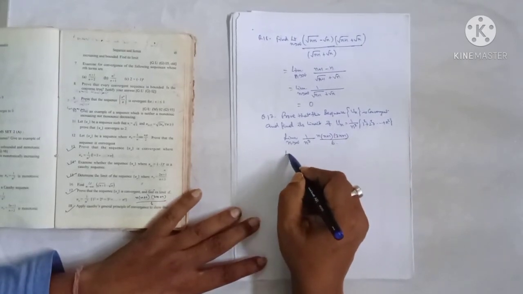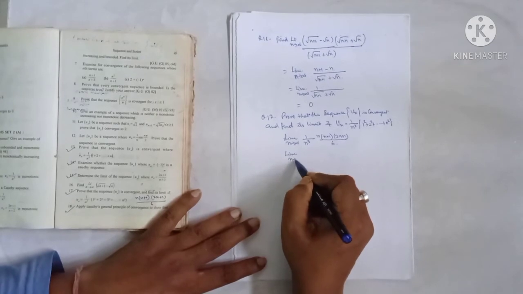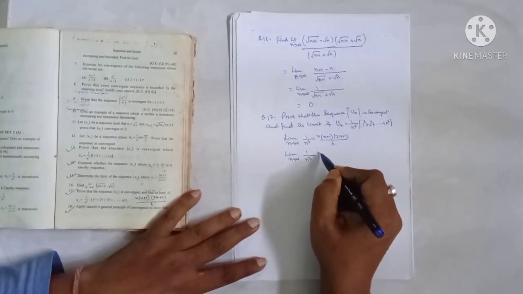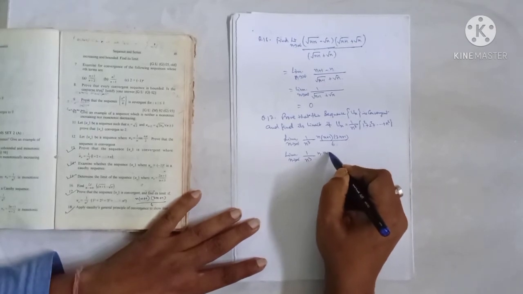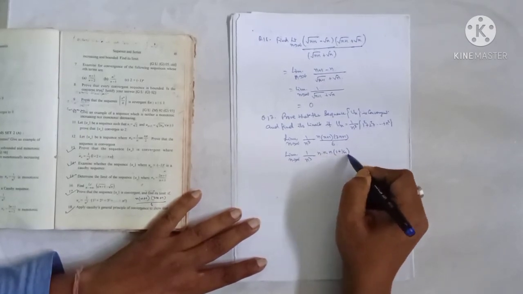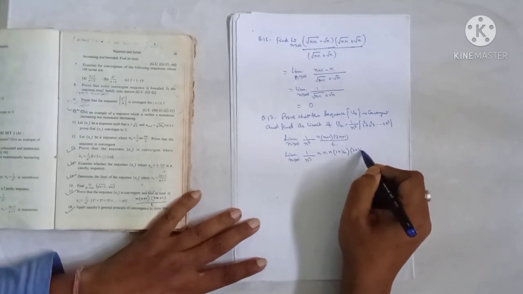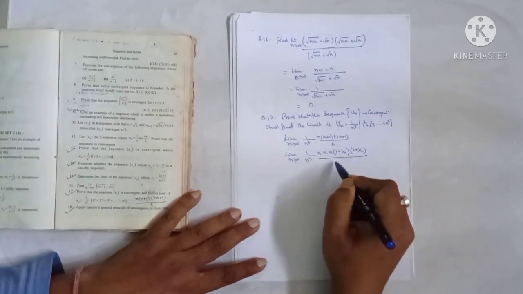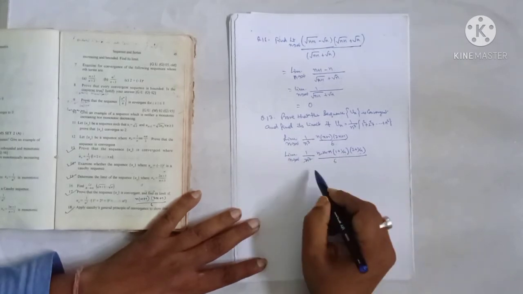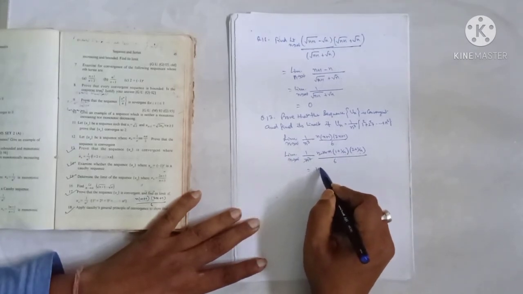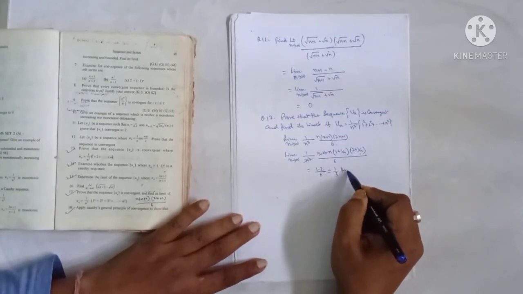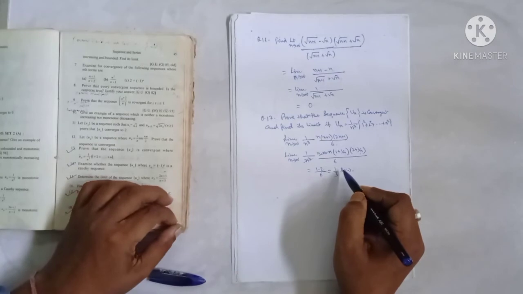So limit n tends to infinity 1 by n cube, n into n into 2n, with 1 by n terms, by 6. This cancels out, so this is 0, this is 0. This will be 1 into 2 by 6, that is equal to 1 by 3. This is your answer.